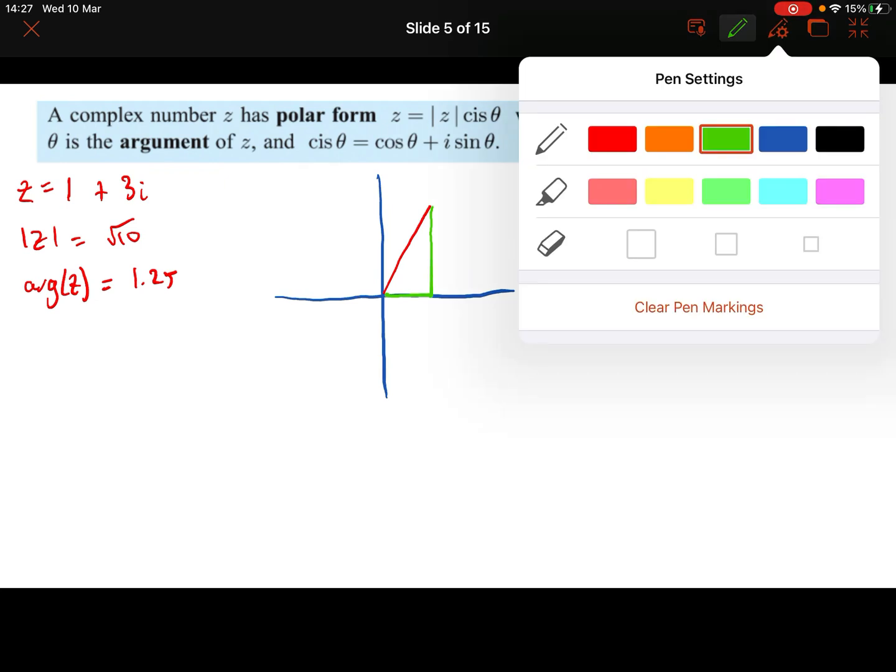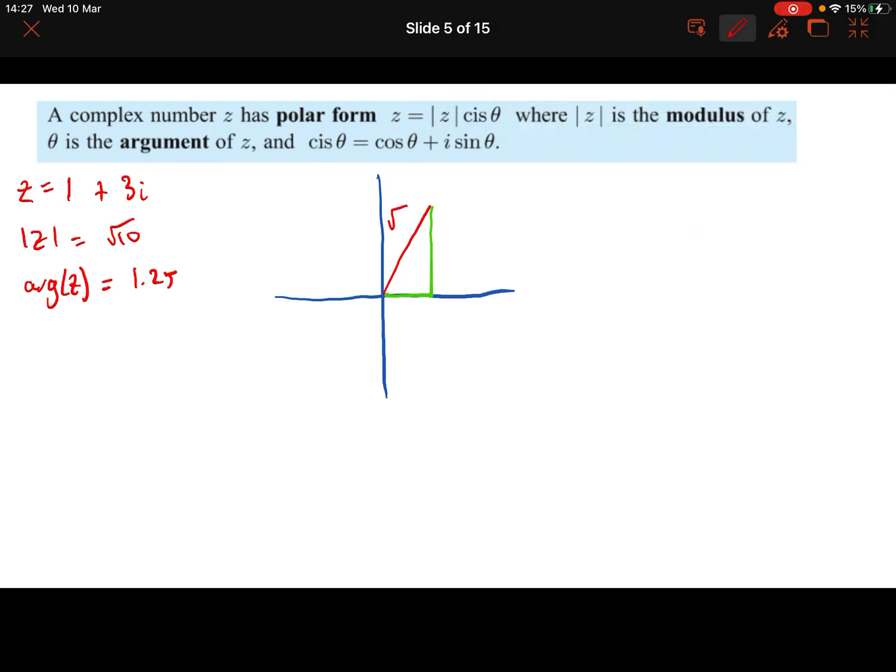Let's bear something in mind here. We know this distance is root 10. We know this distance is 3. We know this distance is 1. And we know this angle is 1.25. So we can write this as 1 plus 3i.